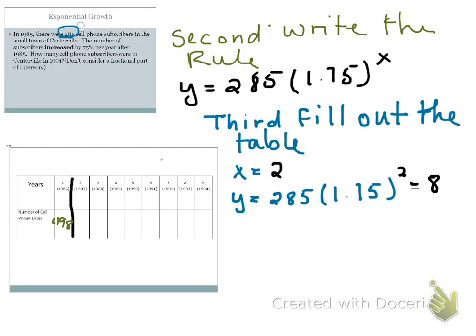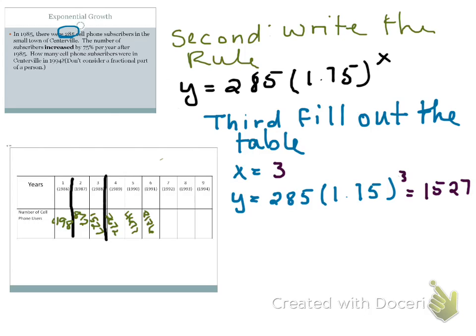For x equals 2, you have pretty much the same thing, but wherever there was a 1 last time, you put the 2 in. So 285 times 1.75 squared, which is 872. Same thing with 3. You have 285 times 1.75 cubed, which is 1,527.